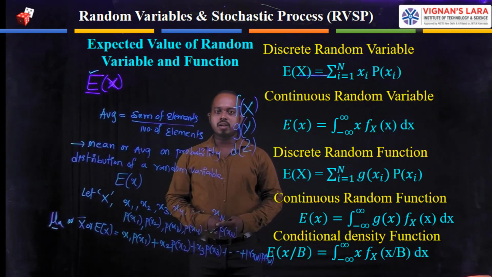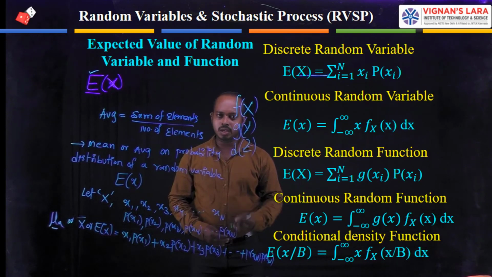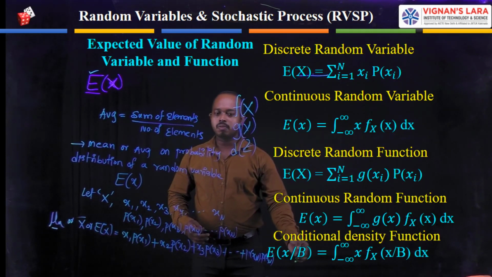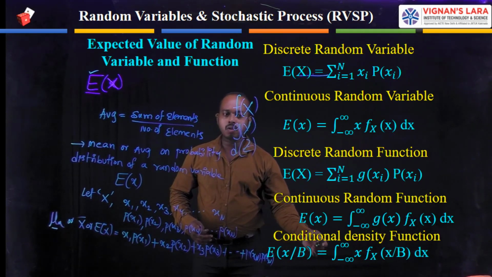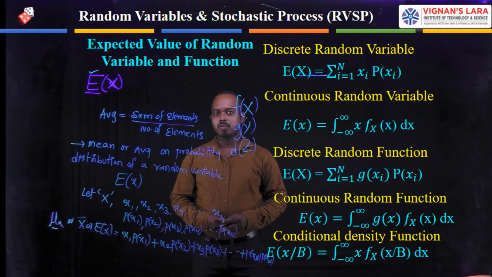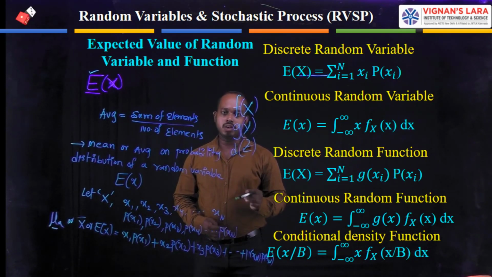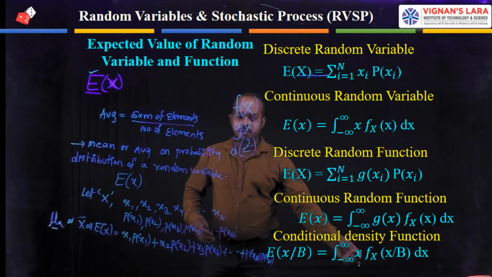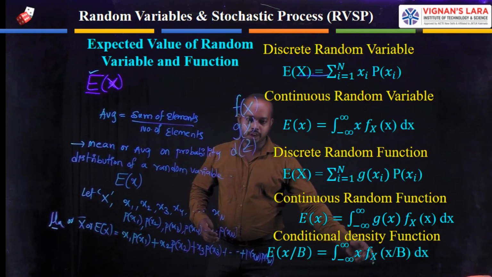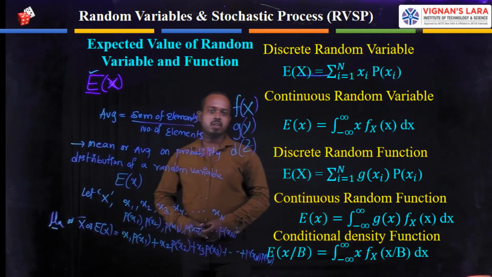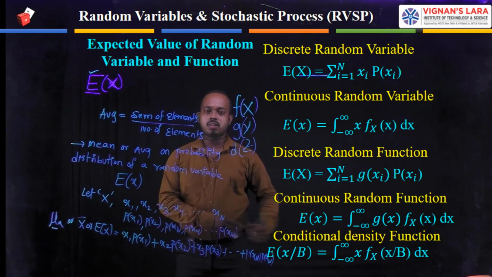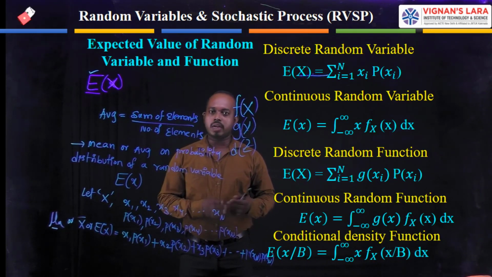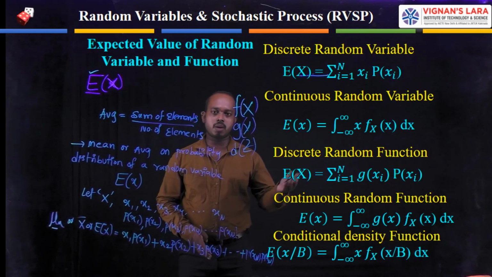Here I am taking the conditional event B. For this conditional event, I write the expectation as E of x given B is equal to the integral from minus infinity to infinity of x into fx of x given B into dx, where the density function is conditional, so just keep that. You can simplify this entire thing and obtain the conditional expectation value of a random variable. These are the basic formulas we have.